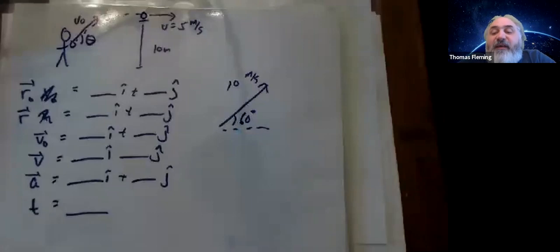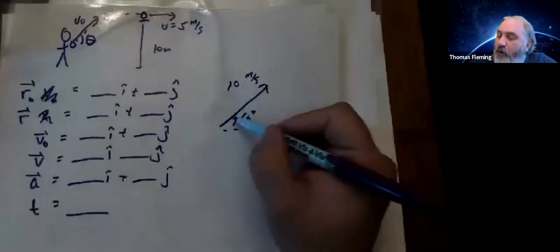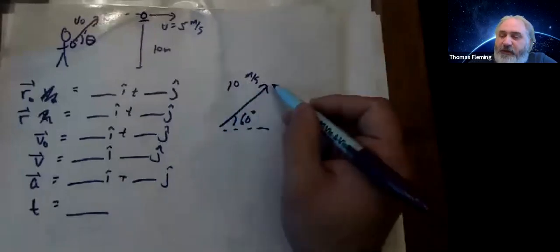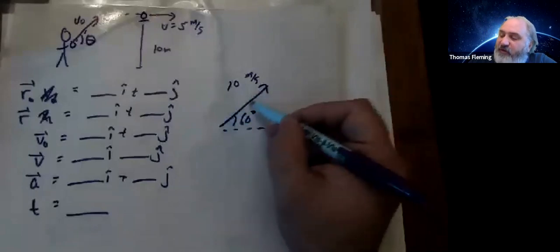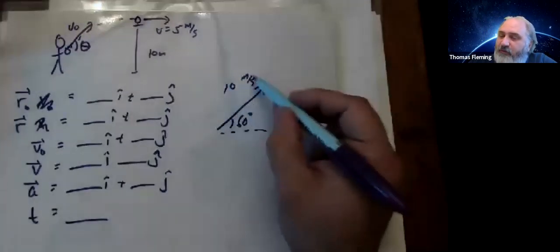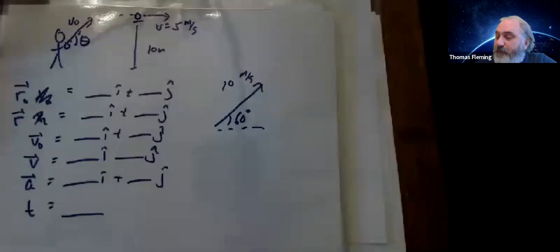So what I'd like to do is express that vector, and I've represented the vector visually by drawing an arrow in the direction of the velocity and having the length of the arrow be scaled with how big the velocity is. That's the magnitude of the velocity. But I'd like to be able to express that in vector notation. So how do I do that? How do I break that vector down into vector notation?